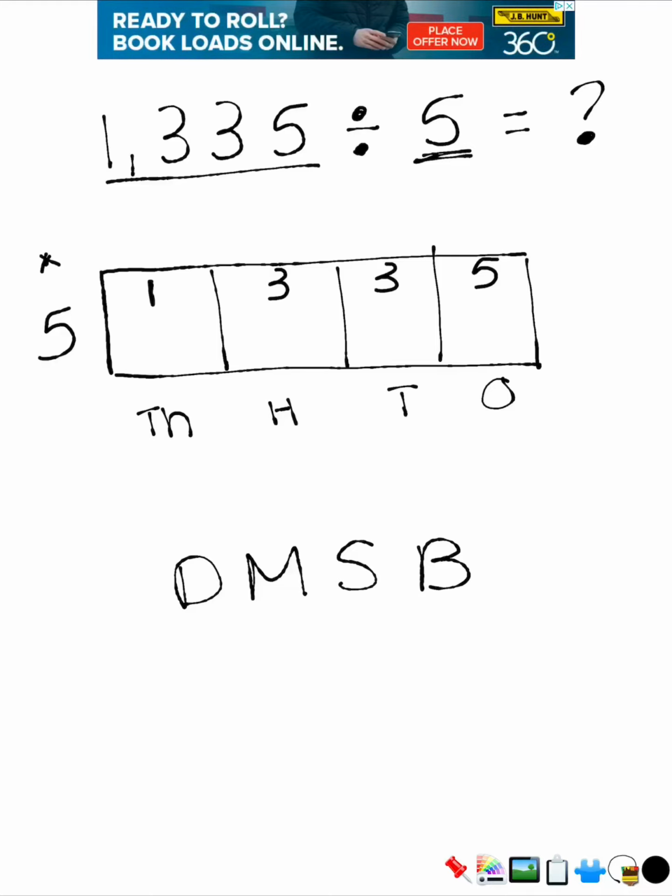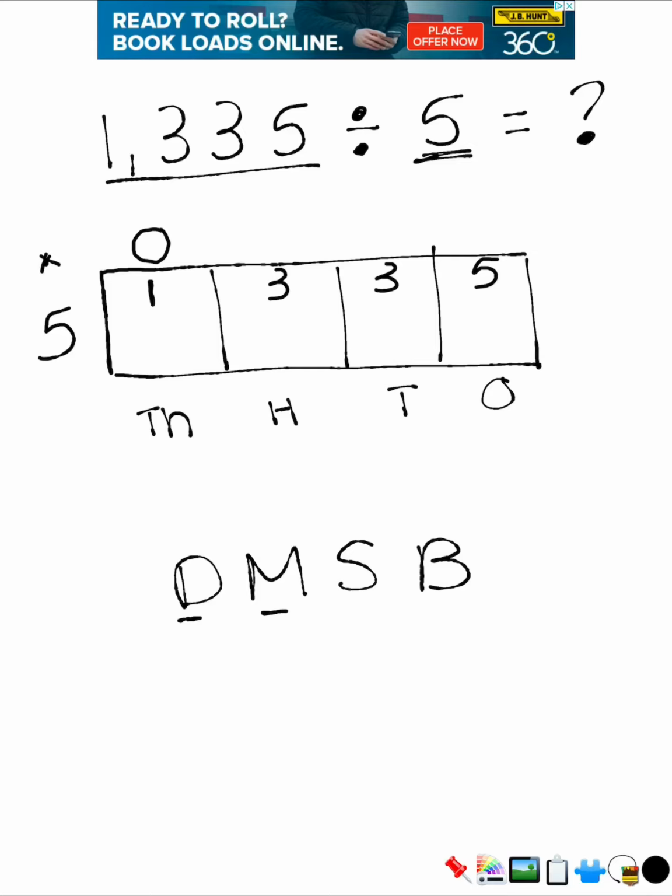So I'm going to start by asking myself first, how many times can 5 fit into 1? Well, does 5 times anything give me 1? No, and that is because 5 is bigger than 1, so it cannot fit in. So I'm going to put a 0 on top. So I just divided, and now I'm going to multiply.